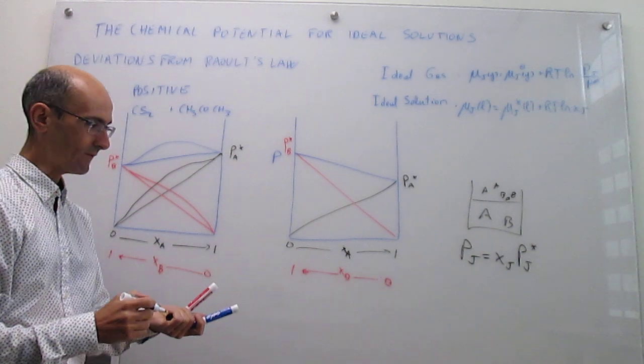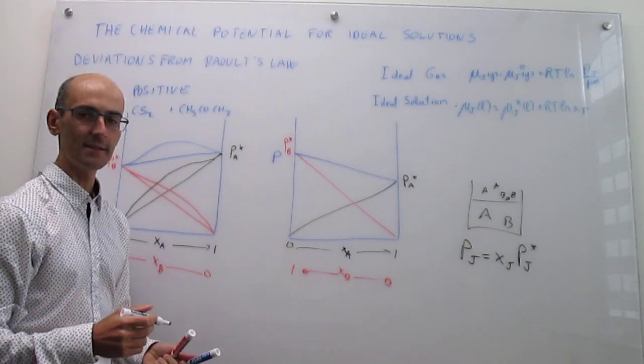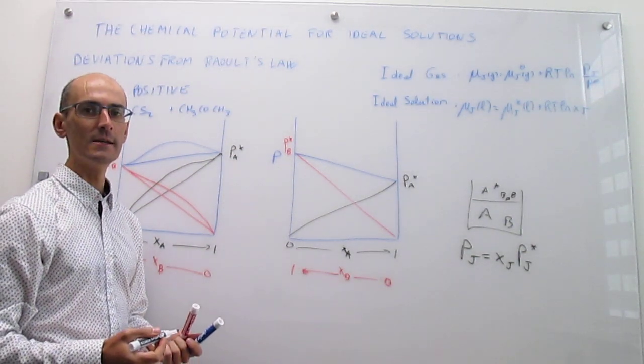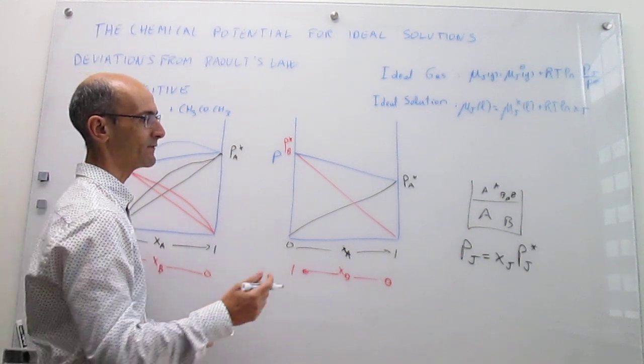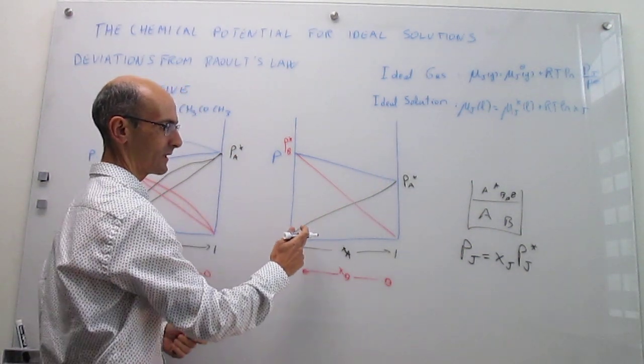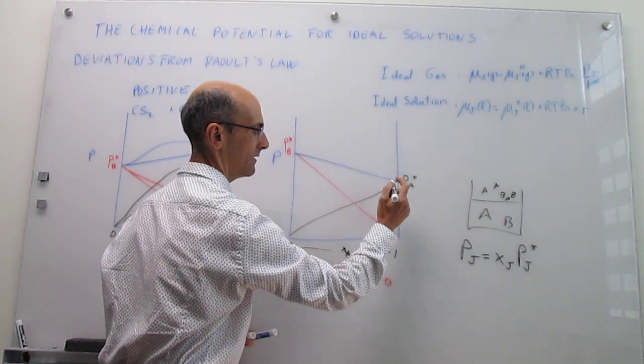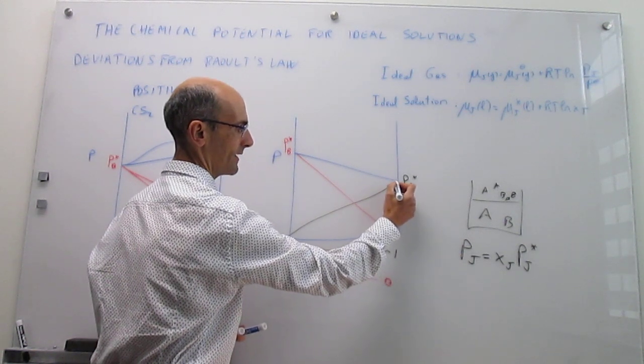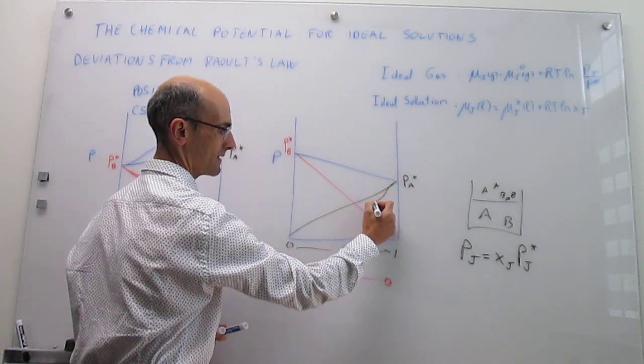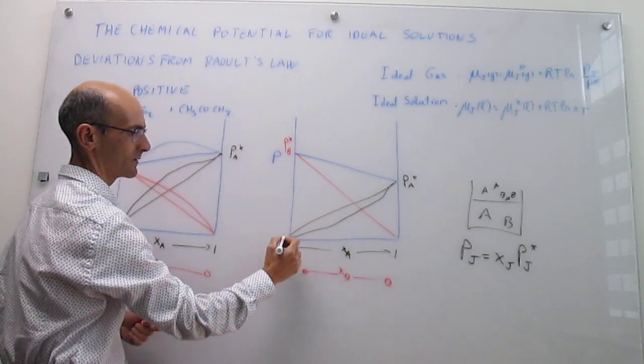Alright, so for a negative deviation, what you will find is that the vapor pressure that you measure is below the expectation from Raoult's law. So Raoult's law is the straight line, but then in reality what you observe is that the lines are actually below Raoult's law.